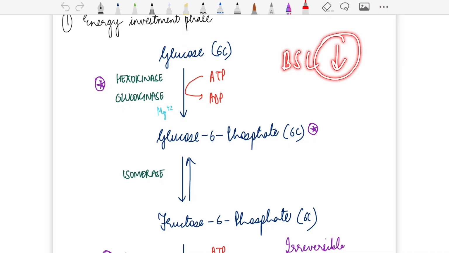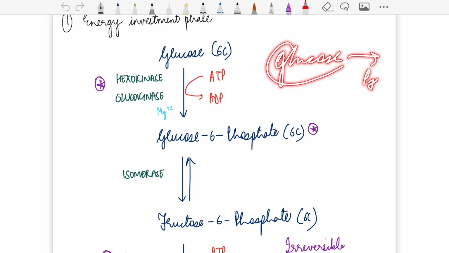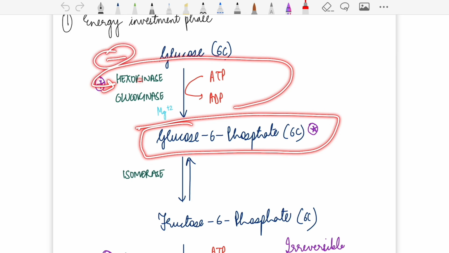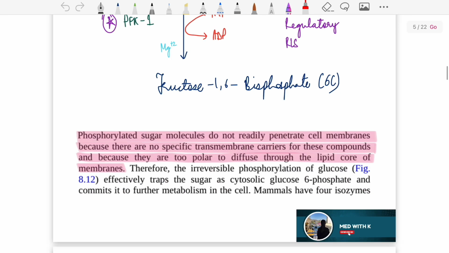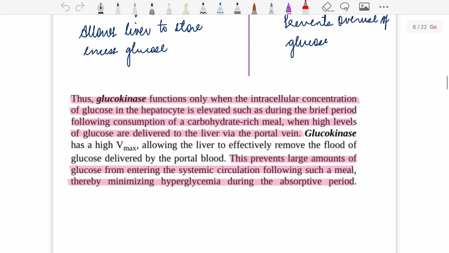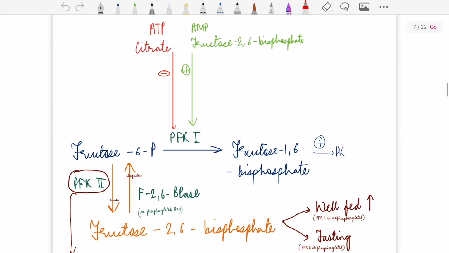So when the blood sugar level is very low, we do not want glucose to be converted into pyruvate or lactate. We want this glucose to be supplied to the brain. So that's why glucose 6-phosphate inhibits hexokinase, because it can act on very low concentration of glucose. Therefore, it prevents overuse of glucose. So this was the same thing that we discussed.